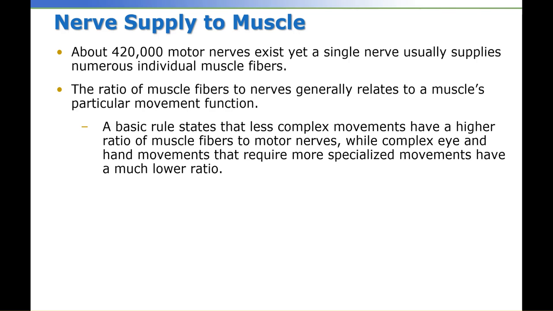So the less complex the movement, the higher the ratio, while complex eye and hand movements have a lower ratio. A lower ratio is like 10 to 1, versus 1800 to 1 for the high power movement of the gastrocnemius.